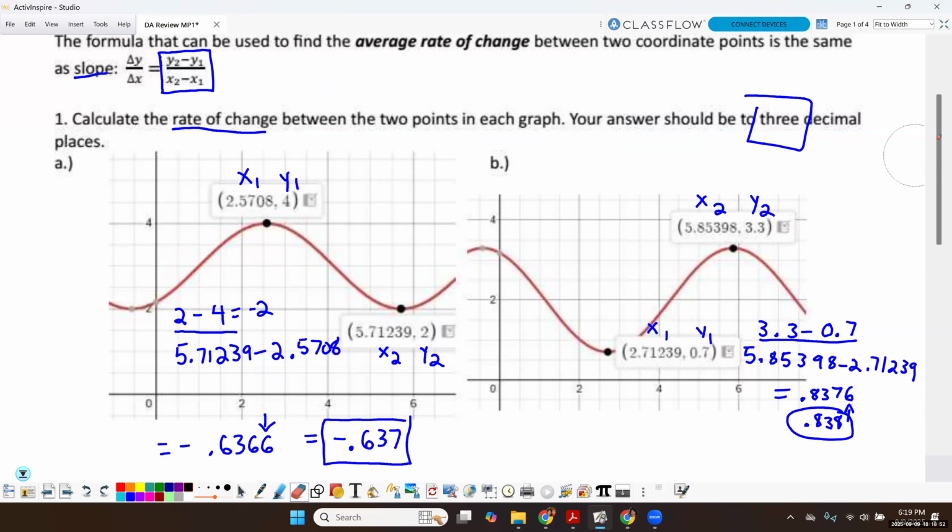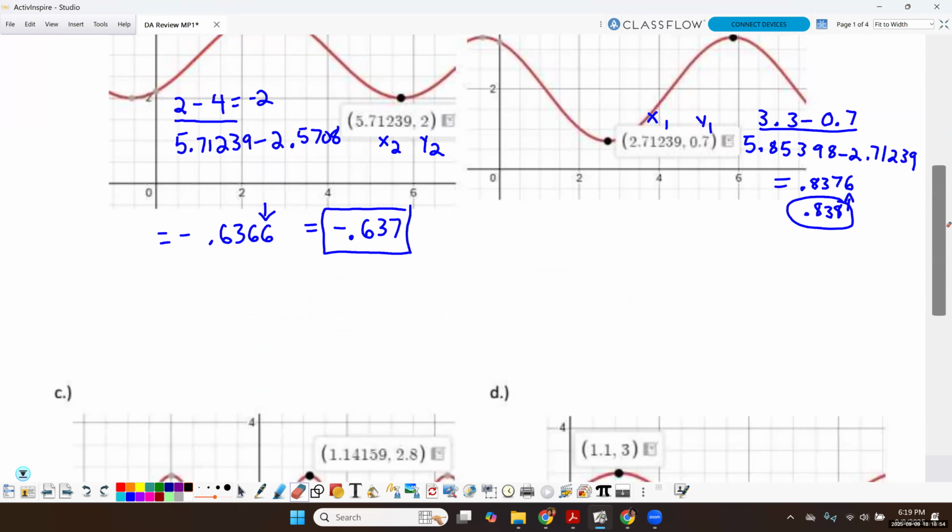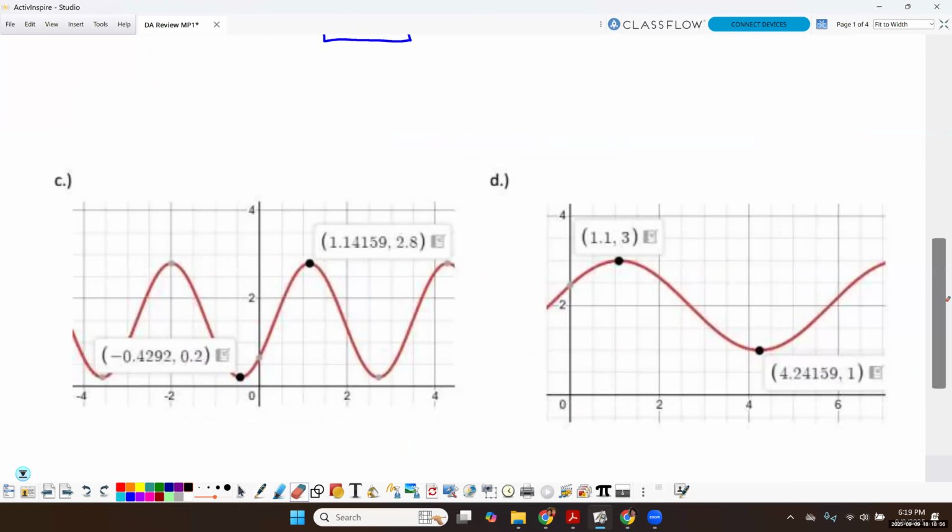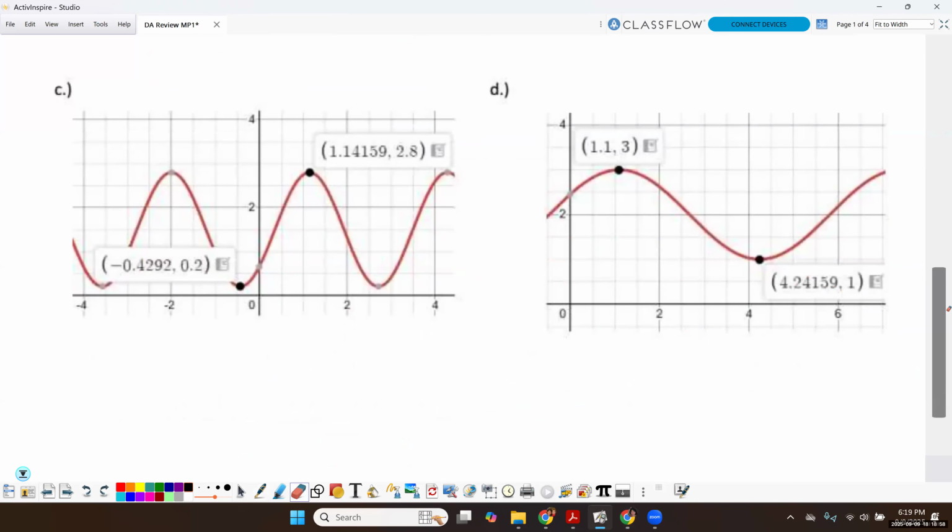Okay, let's do 2 more. My suggestion, if you watched me do those and just wrote things down, is that you pause the video and now you try these 2 on your own. So I'm going to set them both up. We've got x1, y1, x2, y2.